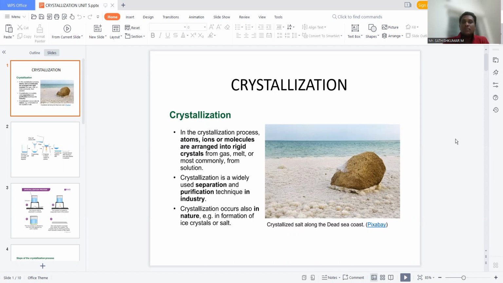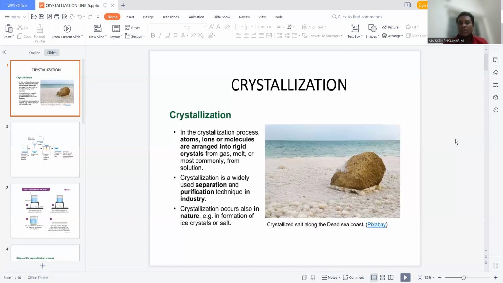Crystallization is the process in which atoms, ions, or molecules are arranged into rigid crystal form from gas, melt, or most commonly from solution. Crystallization is the process of joining atoms, ions, or molecules and arranging them into rigid crystals.